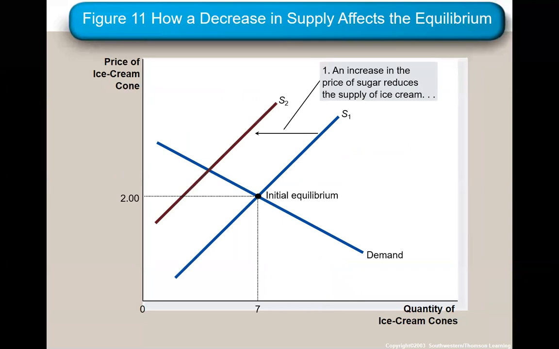Here, you would say that there's a decrease in supply, because it's a shift, but it's also a decrease in quantity demanded, because we're sliding up the curve. Okay? All right. Any questions?